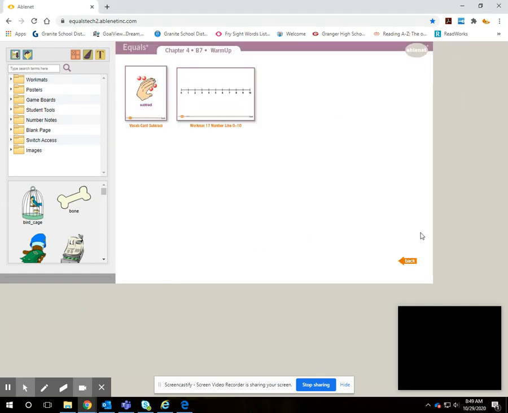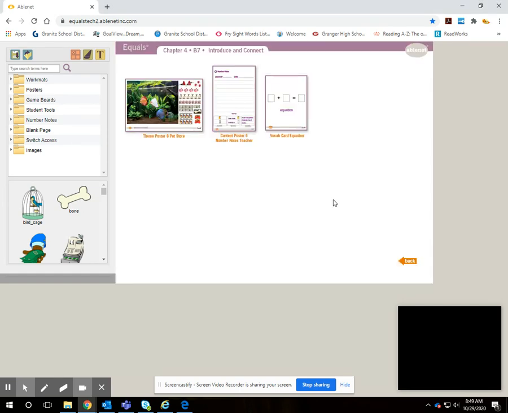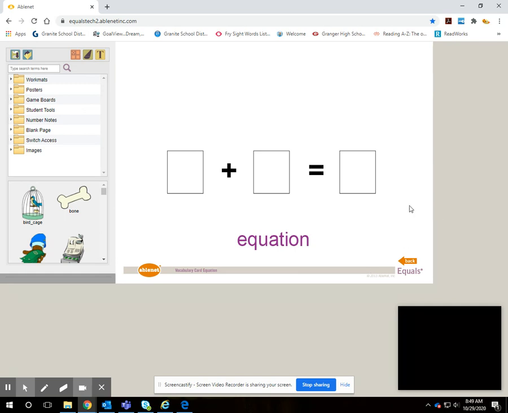Okay, so I want to go to our new vocabulary word, which we introduced yesterday, and that word is equation. Equation. You know what an equation is? It basically is a number sentence, and it always has 2 parts.